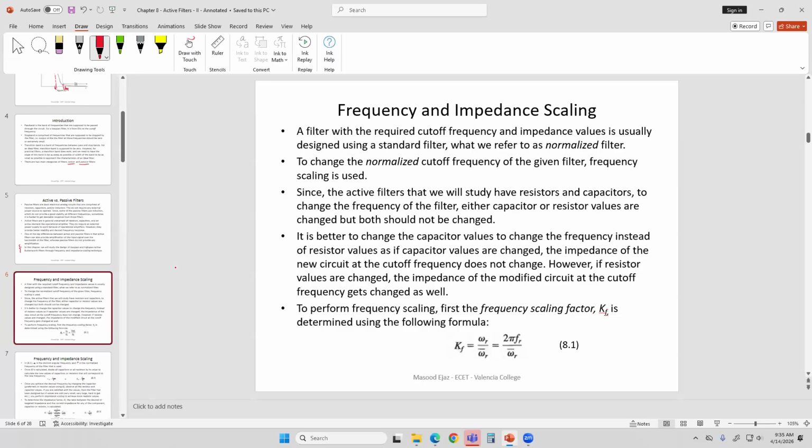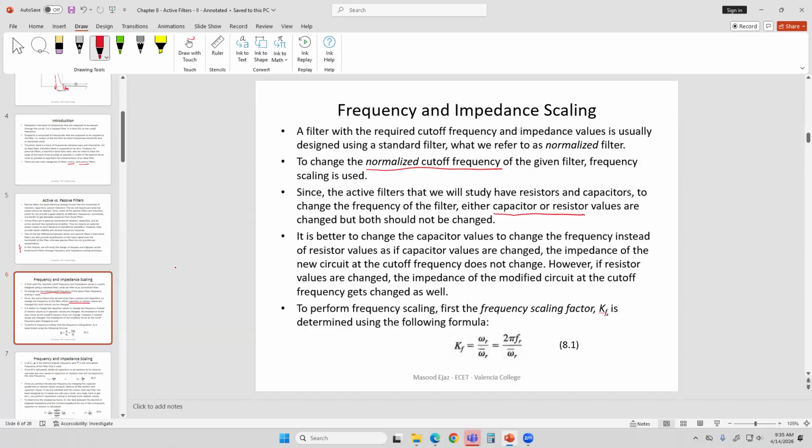So for the normalized filter or reference filter, you're going to have a normalized cutoff frequency, which will be given to you. And you are going to change that normalized cutoff frequency into the cutoff frequency that you want from your system. Likewise, you have the resistors and capacitors' standard values, and you are going to change those values into the values that are more comfortable for you to use, or that you have.